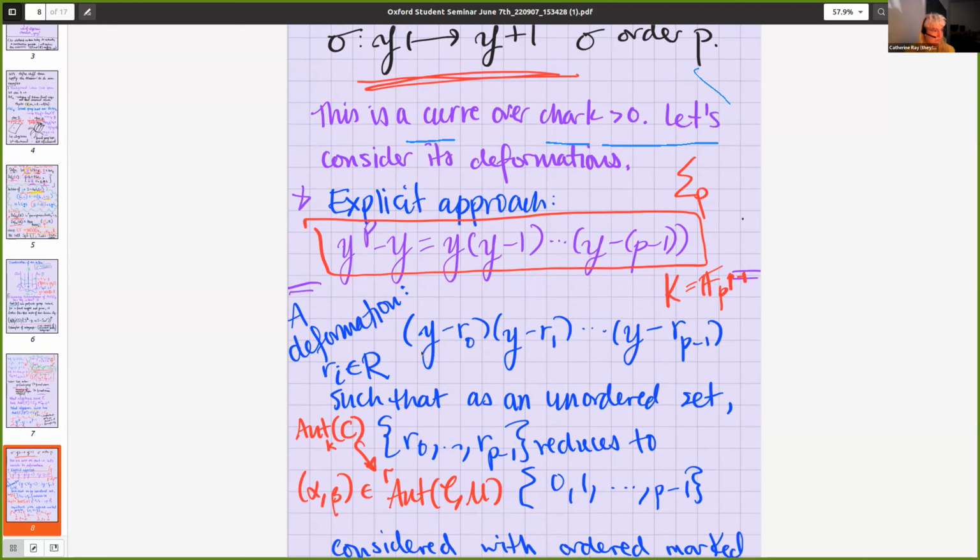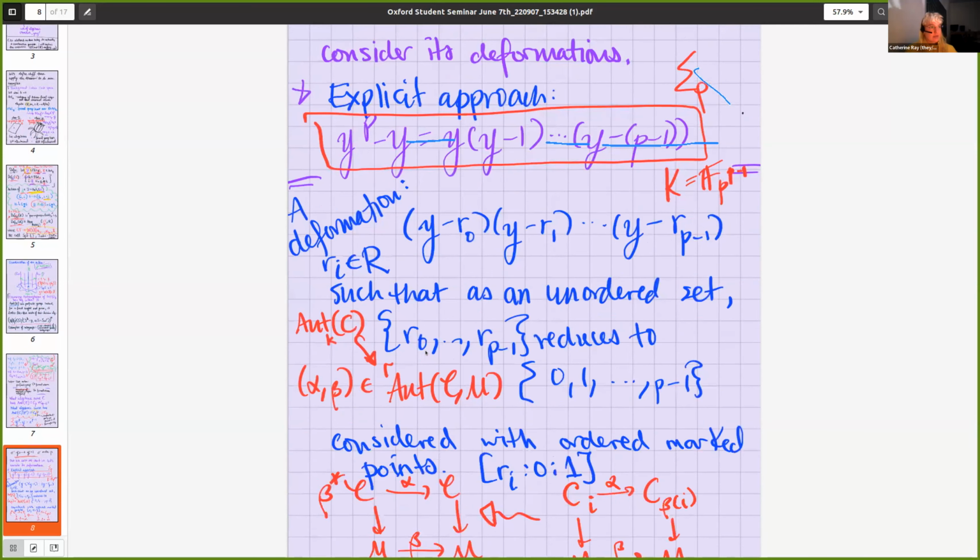And when we actually try to understand the automorphism group of this deformation, it turns out you can reduce the information of this deformation to just the roots of P1.